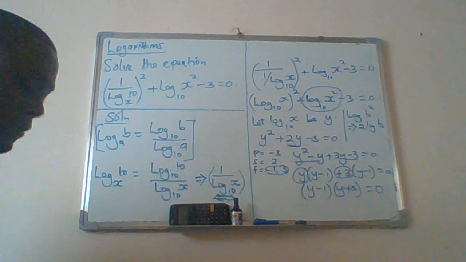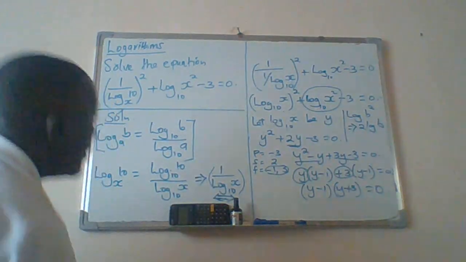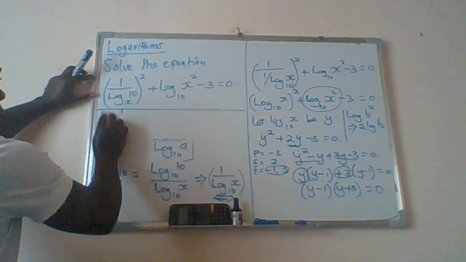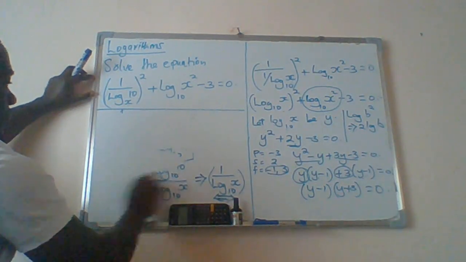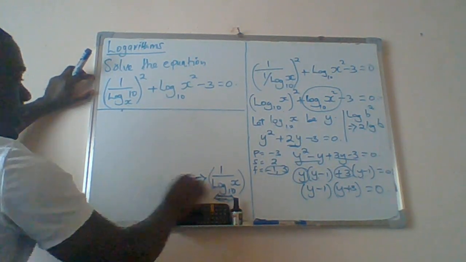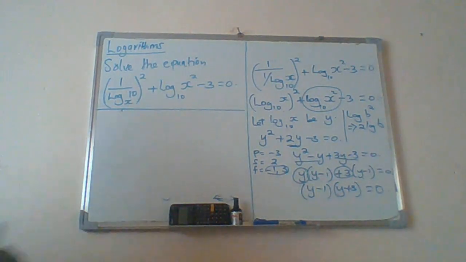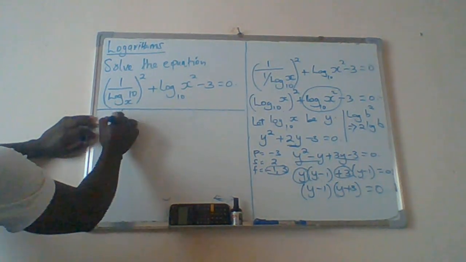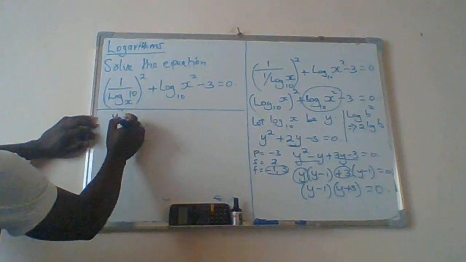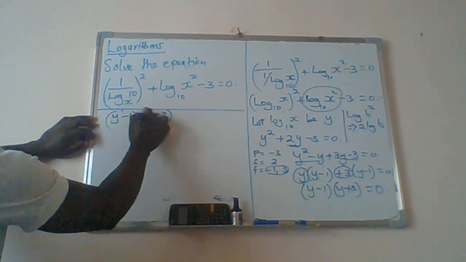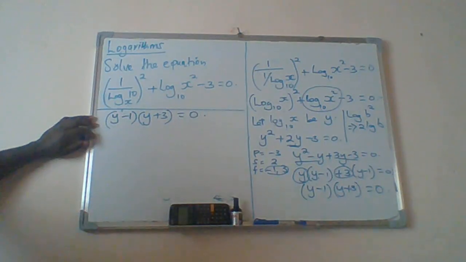Then we want to proceed from that region. Allow me to wrap this one so that we are able to continue with that section. So if we come to this side, we have y minus 1 and y plus 3 equal to 0.